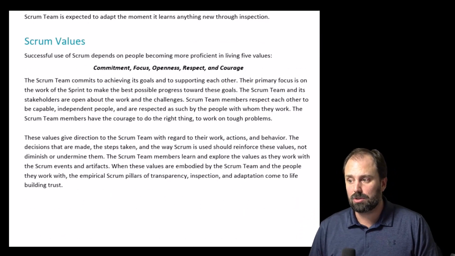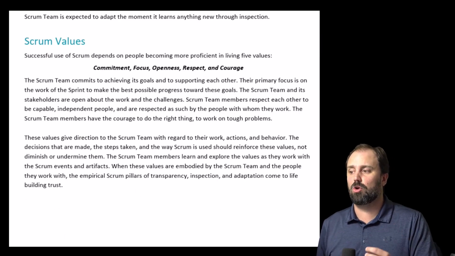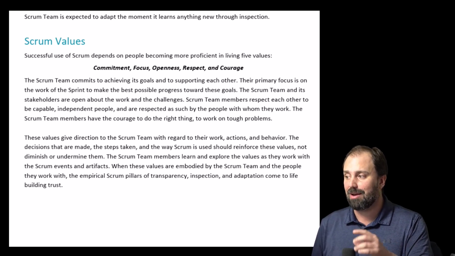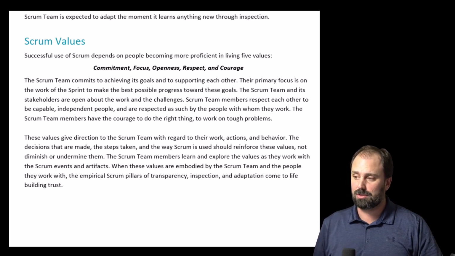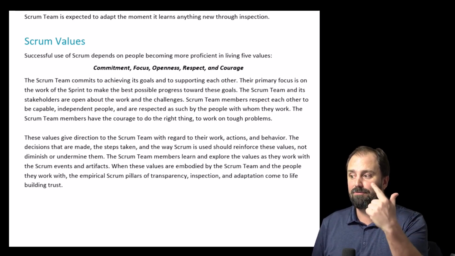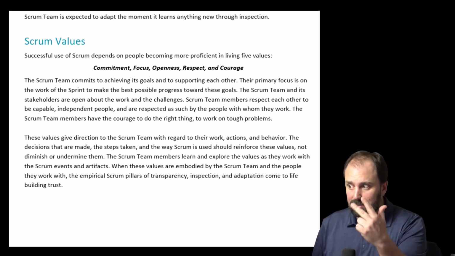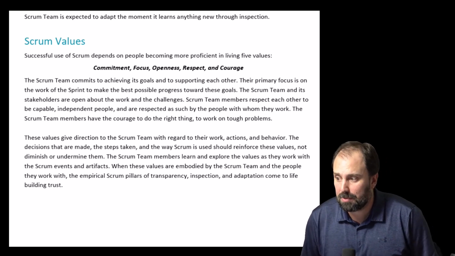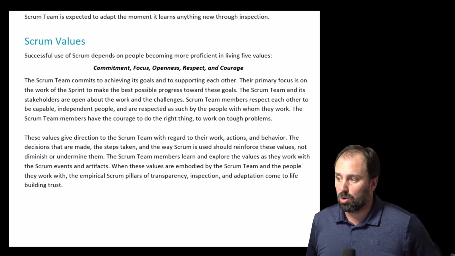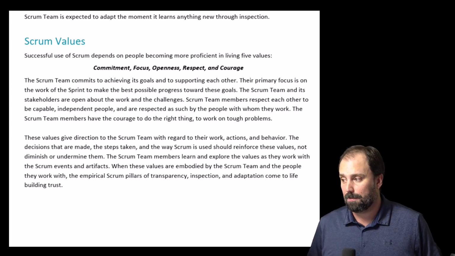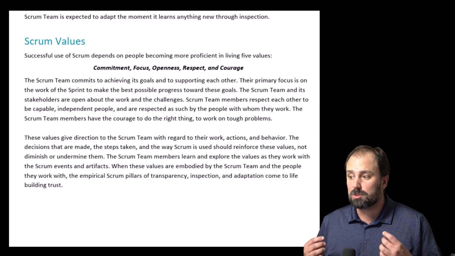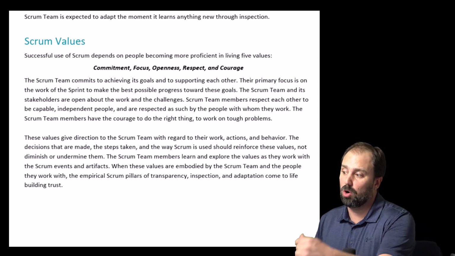Scrum values. The successful use of Scrum depends on people becoming more proficient in living 5 values: commitment, focus, openness, respect, and courage. The Scrum team commits to achieving its goals and to supporting each other. Their primary focus is on the work of the sprint to make the best possible progress toward these goals.